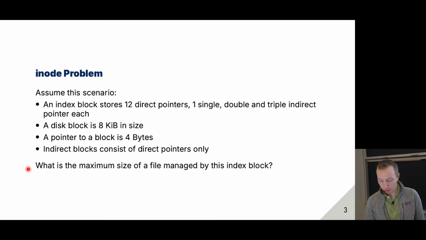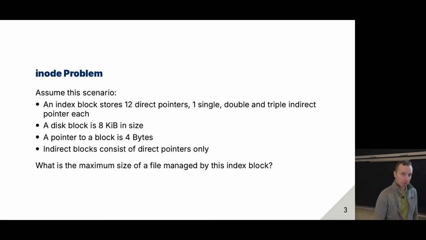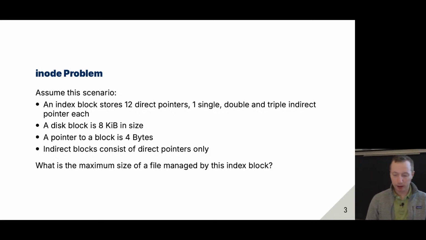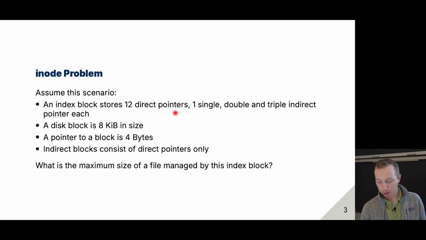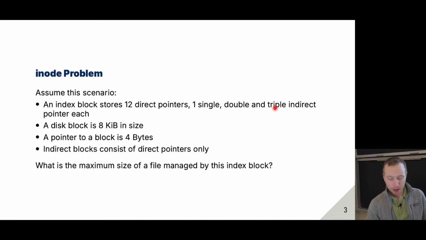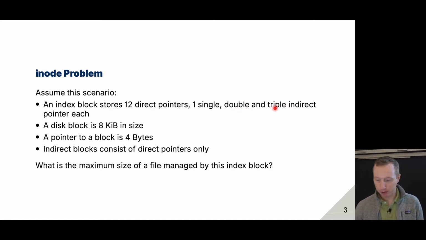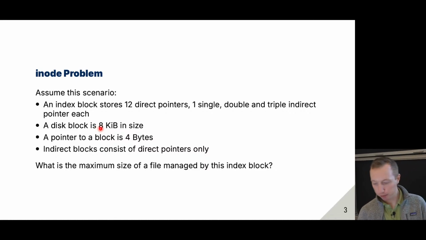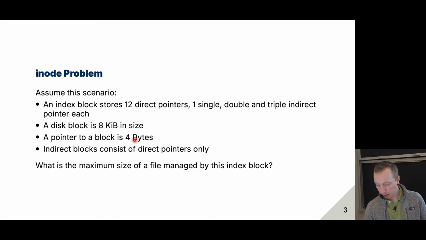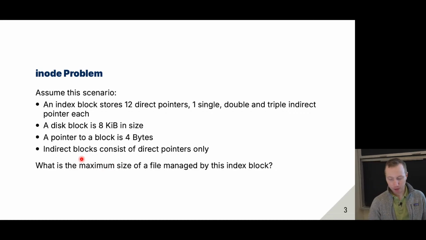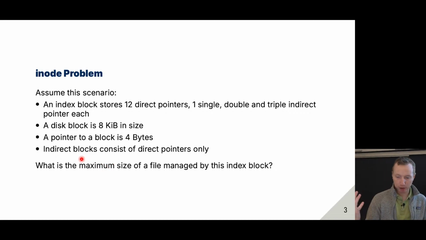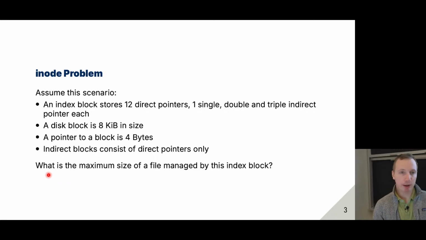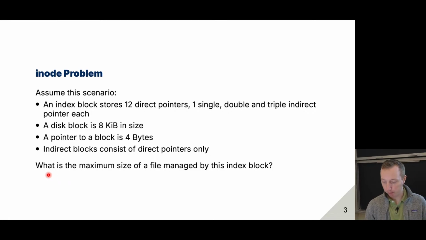So now, the typical Linux inode has 12 direct pointers, 1 single indirect pointer, 1 double, and then 1 triple. If we have the same scenario as before, where our disk blocks are 8 kilobytes and a pointer is 4 bytes, and we assume the indirect blocks just contain pointers, nothing else, then we can see what the maximum size of a file managed by this inode actually is.